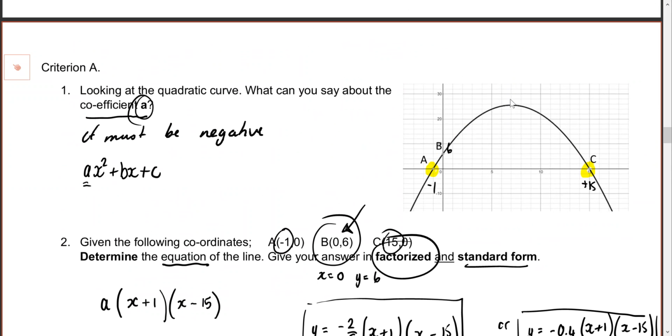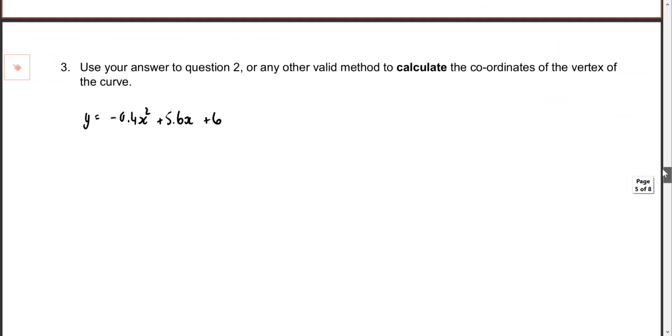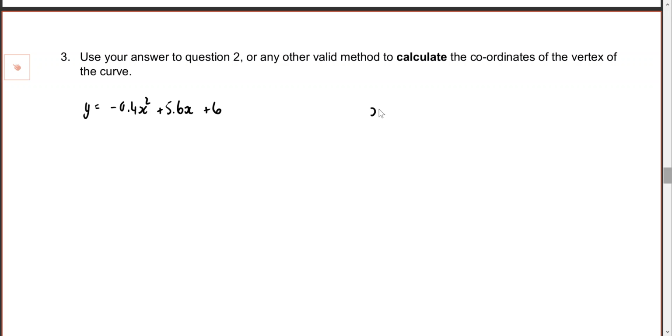How do I know it's 7? Exactly. It's halfway between -1 and 15. So that was your first kind of conclusion. So I know the x coordinate is 7. How can I use an equation that I worked out in part 2 to find the y coordinate?